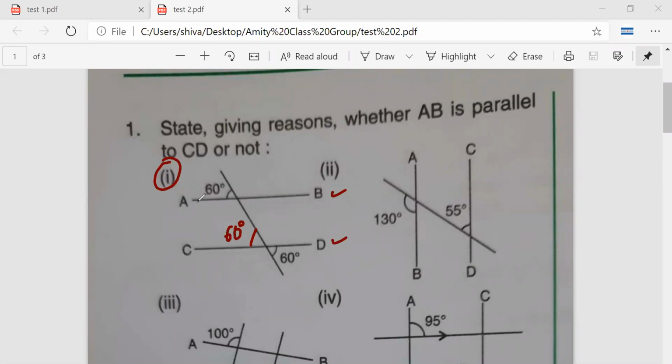Now, if you have two lines, AB and CD, and this angle is equal to this angle, then the lines would be parallel. Any doubt about this? No, sir. You can also say that this is 60 degree, therefore this is 60 degree, because this angle is equal to this angle. Therefore, these two lines are parallel.